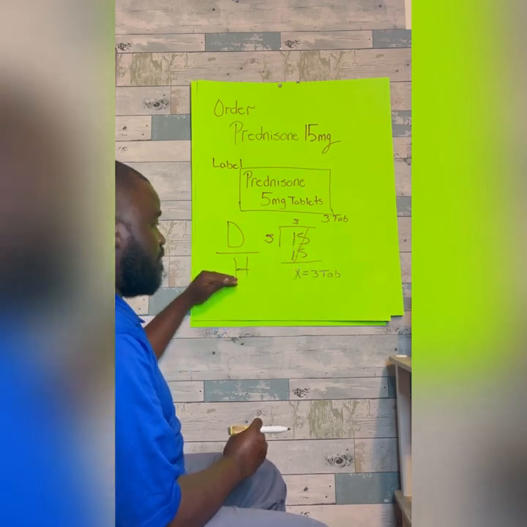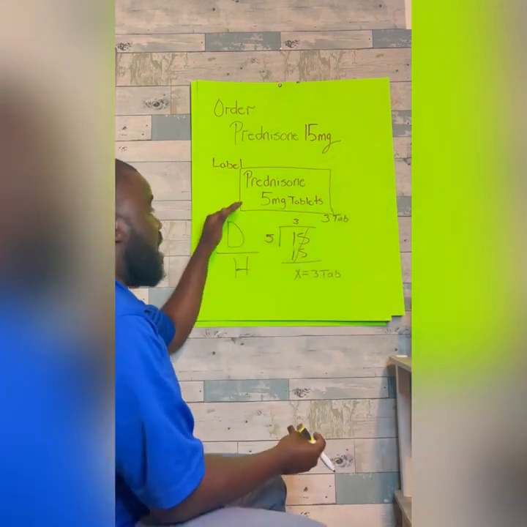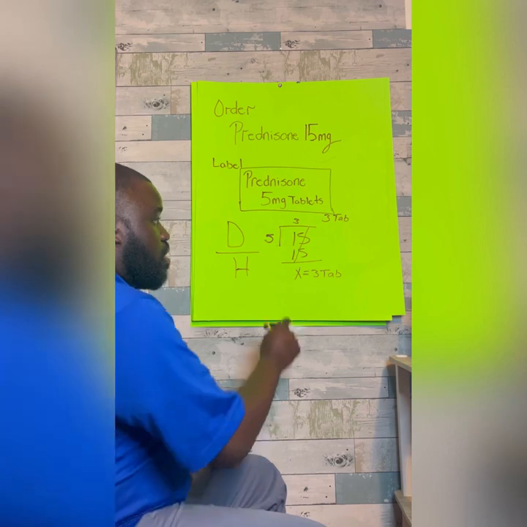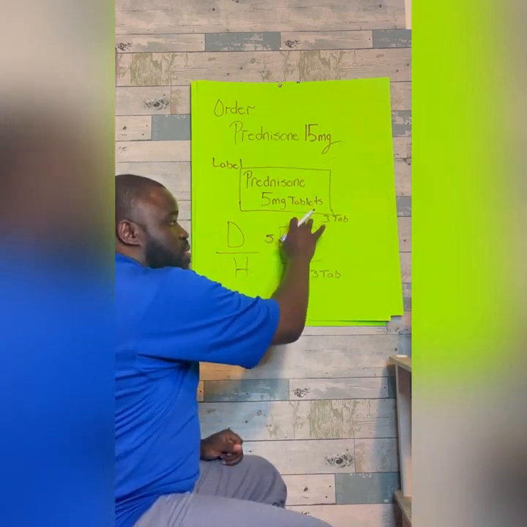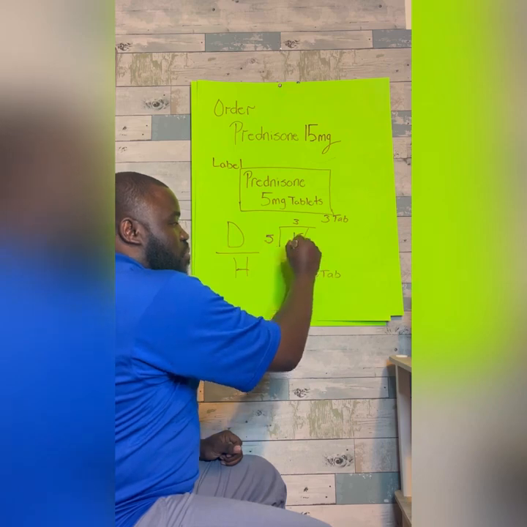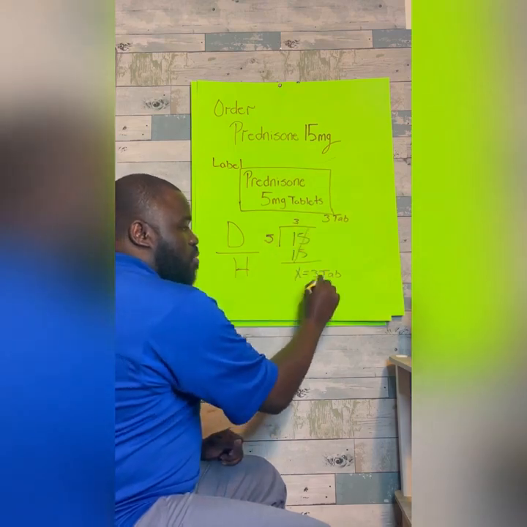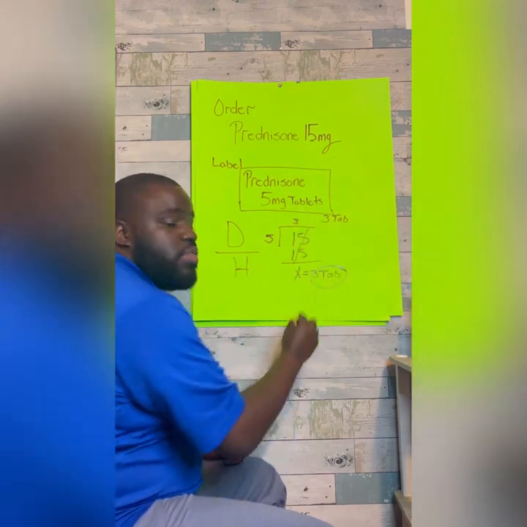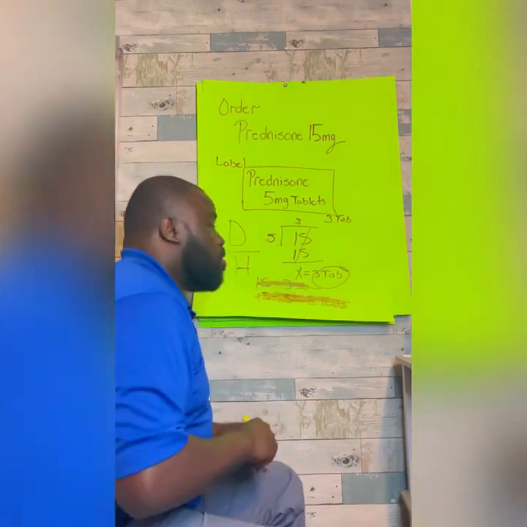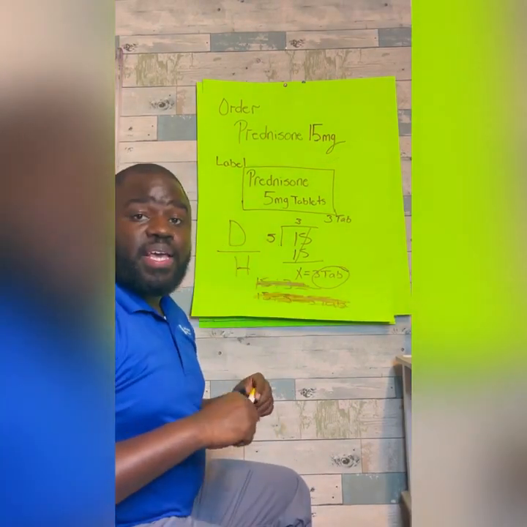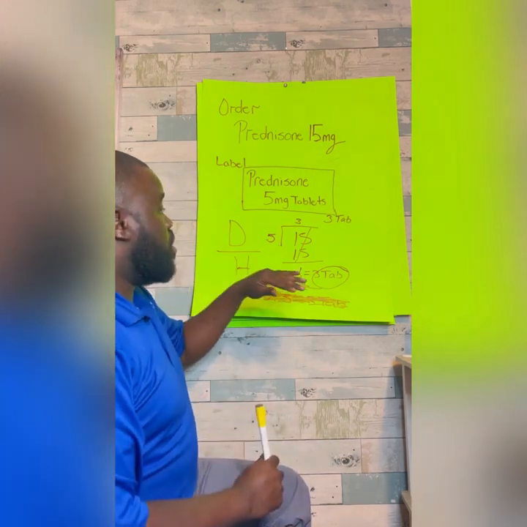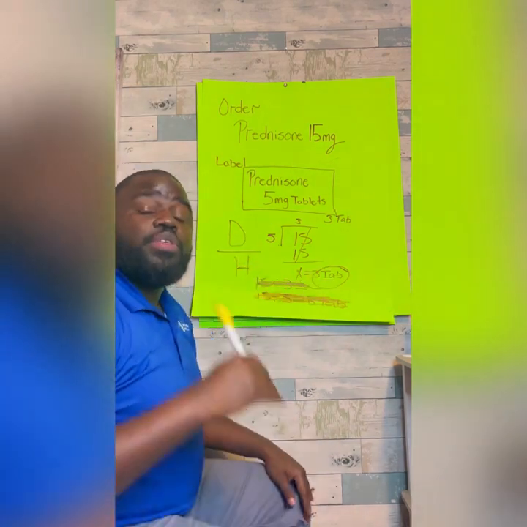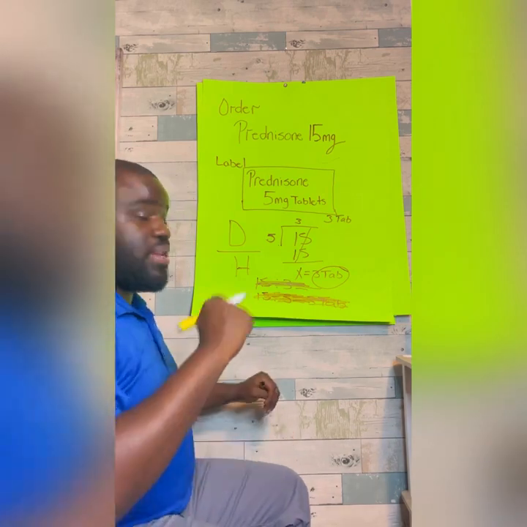We took our half, what we have on hand, 5 milligrams. We see how many times 5 goes into 15, which is 3 times. 3 times 5 is 15. We cancel those out, and we know that we're going to give 3 tablets. Or, on the CCMA exam, you will be able to use a calculator on the computer. So if you didn't want to do it the long division way, you can do it on your calculator like this.